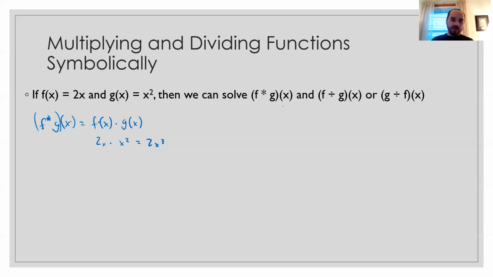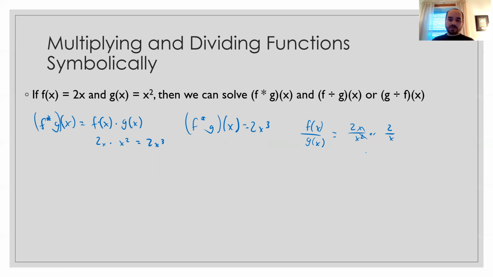So f times g of x equals 2x cubed. f divided by g of x is equal to f of x over g of x, which is equal to, in this case, 2x over x squared, or 2 over x.